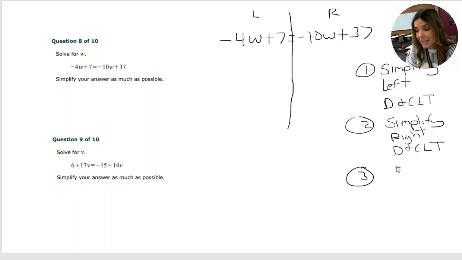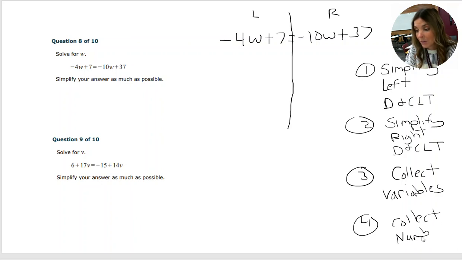The next thing we're going to do is find our two variable terms, and we need to collect those variable terms on one side of the equation. In our equation, we only want one side that has variable terms, and the other side is where we collect the terms that are just constants or numbers.